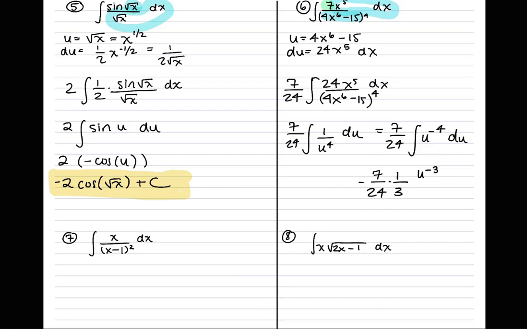I always do the reverse in my head just to check with these fractions. Yep, looks good. And then rewrite this without the u's. So we have negative 7 over 72 out front. And then u to the negative 3 is 4x to the 6th minus 15 to the negative 3 plus c.